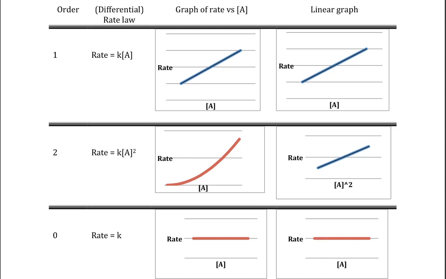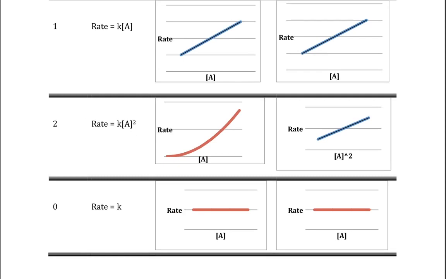For a second order reaction, we have rate equals k[A] squared. So to get a linear graph, we plot rate versus concentration squared. And for a zero order reaction, we have rate equals k. So rate versus concentration gives simply a horizontal line at the value k.